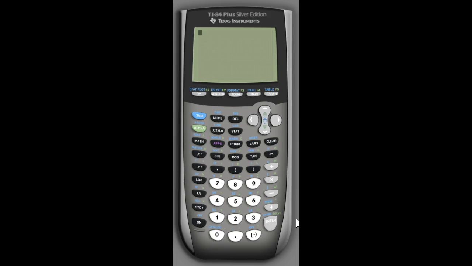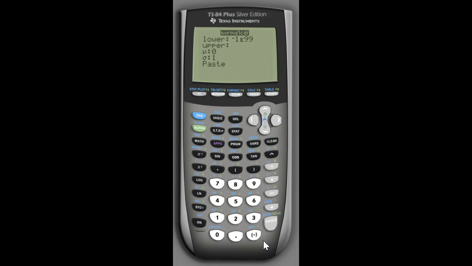Okay, so here's my TI-84 calculator, and I want the probability given the standard normal distribution that I'm going to pick something from the population that has a measurement between -1 and 1. So I hit second, and then I hit vars, and the second item down there, number 2, is the normal CDF. That's the one I want.